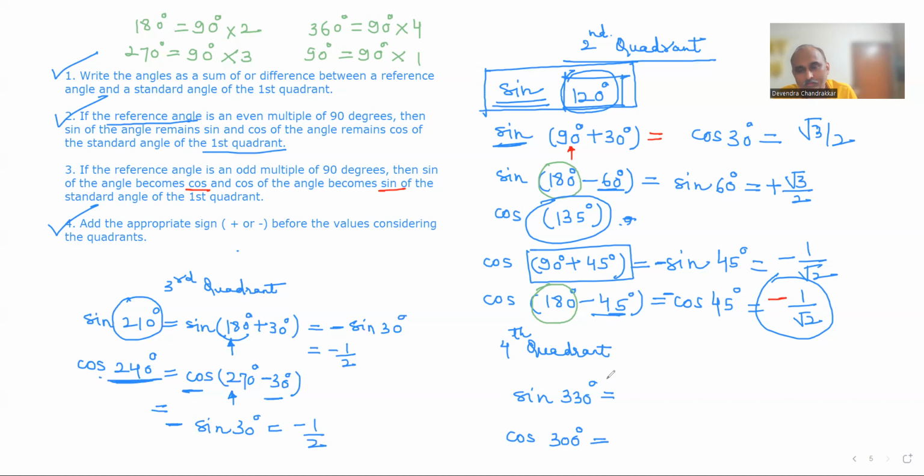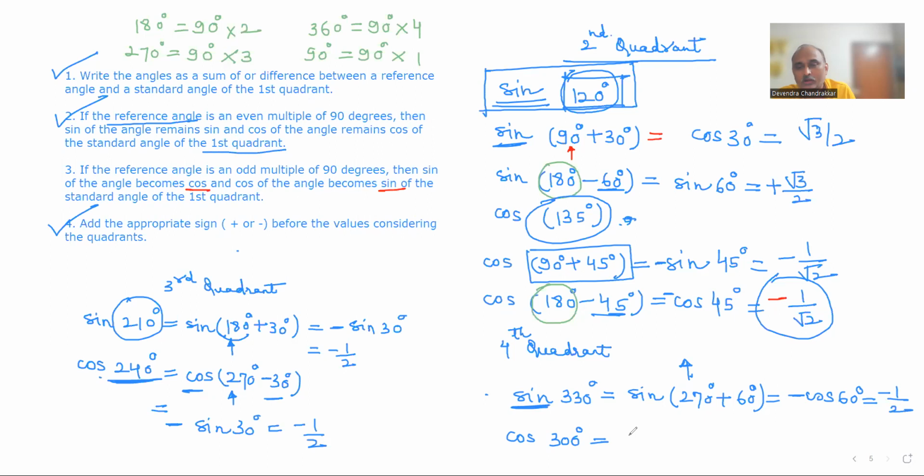Okay. The fourth one. This is sine 330. I'll write it as 270 plus 60. It's an odd multiple of 90, so sine becomes cos. And in the fourth quadrant, sine is negative, right? So this will be minus. Cos 60 is, look at the table, 1/2. So minus 1/2.